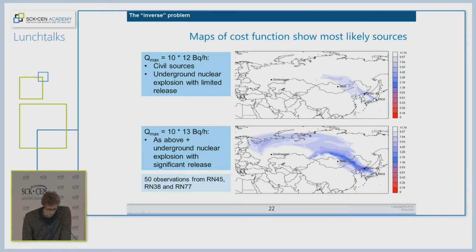So this points out that probably the release was quite high, was significant, and since we cannot explain this by a civil release, it might well be from the DPRK. We are still in the phase of finalizing the research, so I'm very careful in formulating the result. We have used 50 observations from 3 IMS stations.